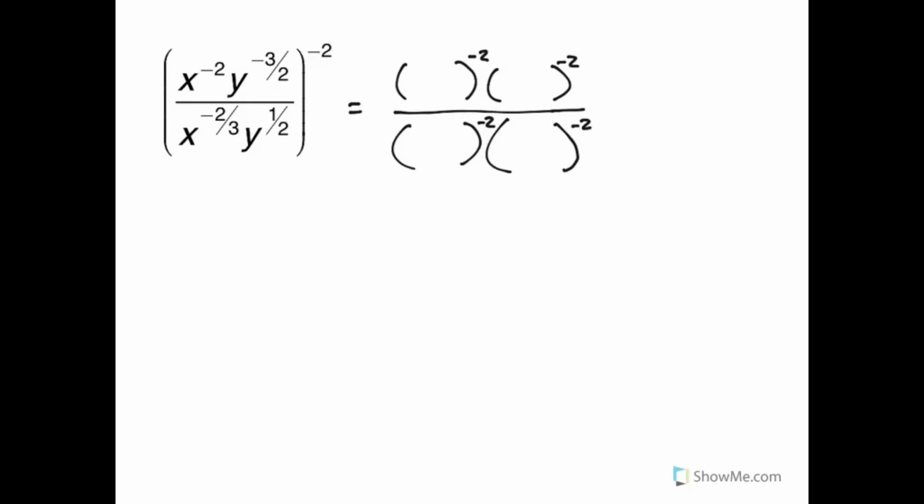So that's x to the negative 2 and x to the negative 2/3. And then the y to the negative 3/2 and the y to the 1/2. So when I raise a power to a power, I multiply the exponents, and so I'm going to have x to the negative 2 times negative 2 gives me a positive 4.